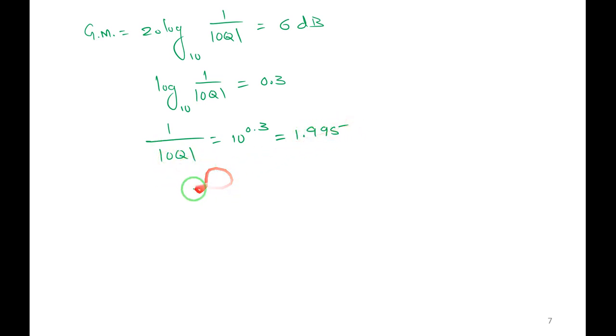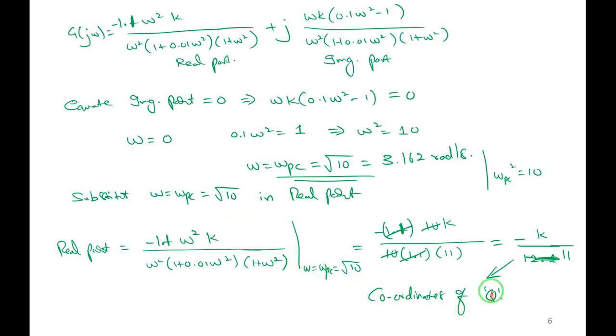What is the magnitude of OQ? Let me take this side: magnitude of OQ is 1 divided by 1.995. So what is this magnitude of OQ, from O to Q? Q I am getting as minus K divided by 11. O is the origin, so it is the magnitude of minus K by 11.